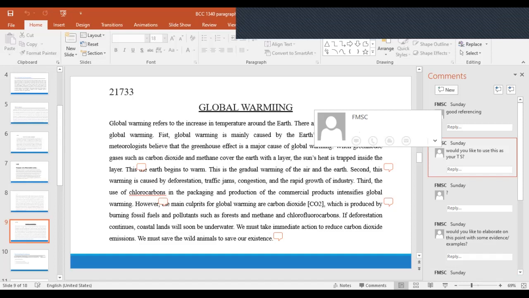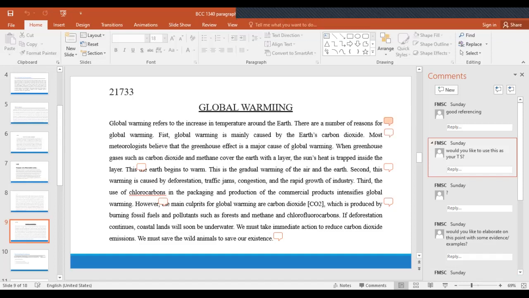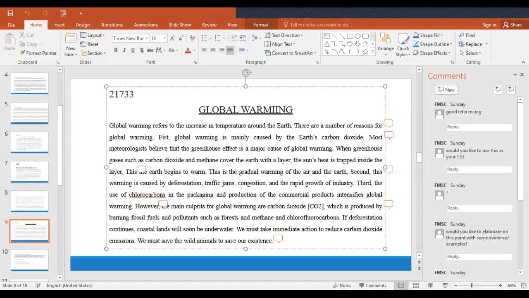But when I read your paragraph, what I felt was that you have written so many reasons for global warming, right? So might as well start with this sentence and say there are a number of reasons for global warming, and then you can go on to talk about the reasons for global warming.